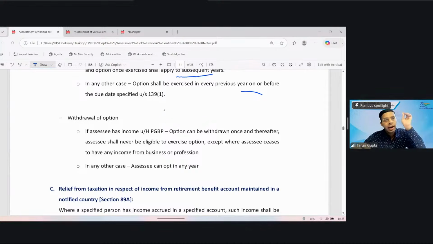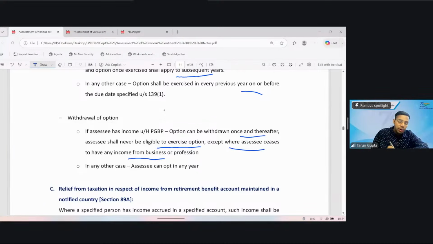So the option of withdrawal is given only once if the assessee has an income under PGBP. Okay. If the assessee has income under PGBP, the option can be withdrawn once, and thereafter, the assessee shall never be eligible to exercise the option except where the assessee ceases to have any income from PGBP. So as long as you have income under PGBP, you cannot go back to the old regime.